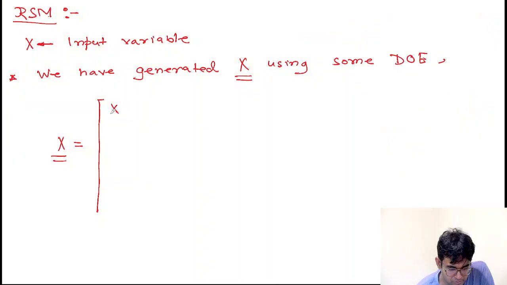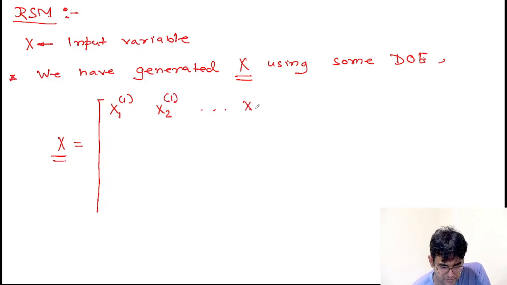Each column is one variable. So the first one will be x1 1, x2 1, and you have xk nt, right? Training sample, number of training samples, that's why.